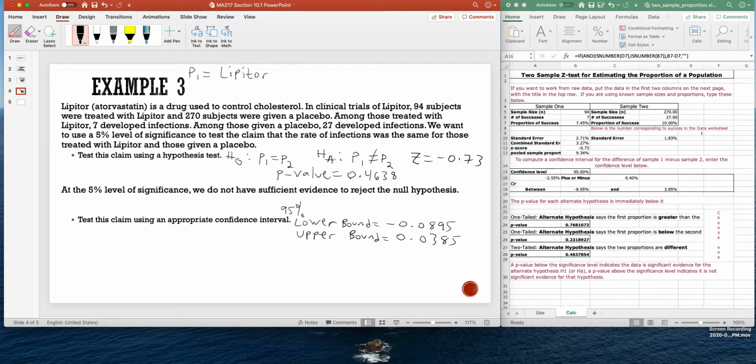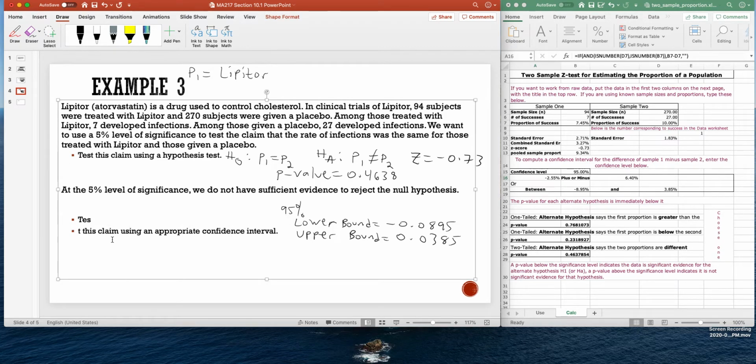Okay? And the fact that we have one negative value and one positive value means it very well could be indeed 0, the difference between the two could be 0, I should say, which is essentially what this hypothesis test was testing for. Well, was trying to find evidence against, I should say.